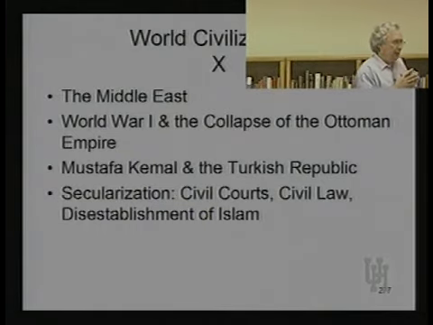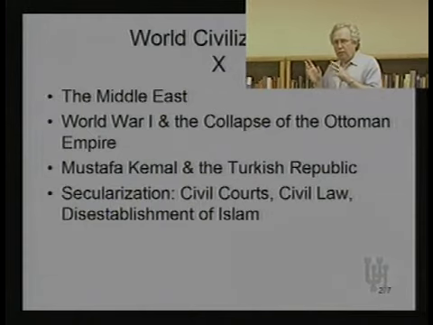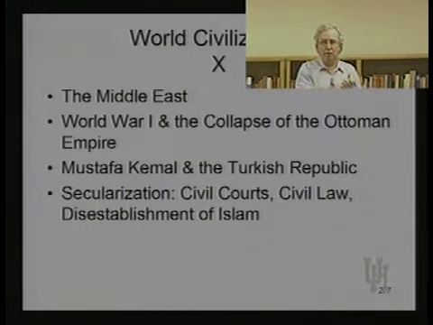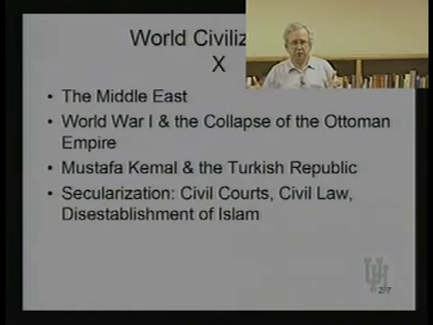Now, as we begin looking at the Middle East and its emergence from European control, we're going to see three traditions, if you will. Mustafa Kemal of Turkey represents one of those traditions. Mustafa Kemal, often referred to as Ataturk, was a nationalist.